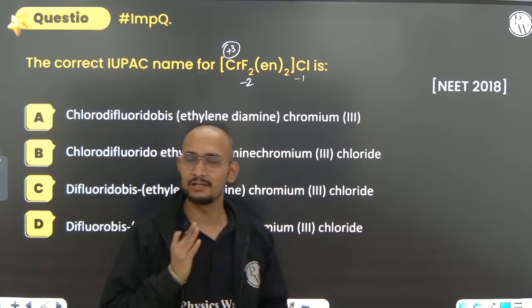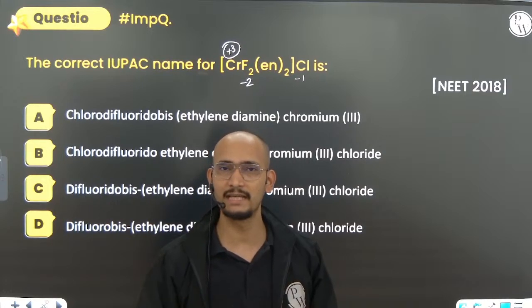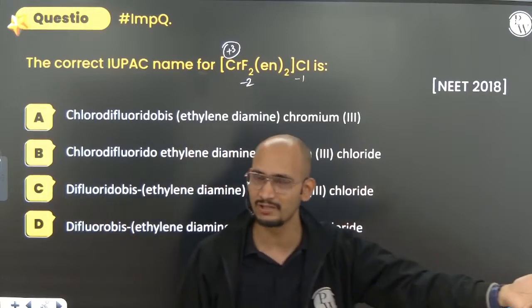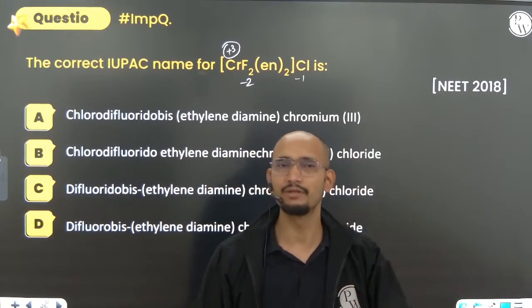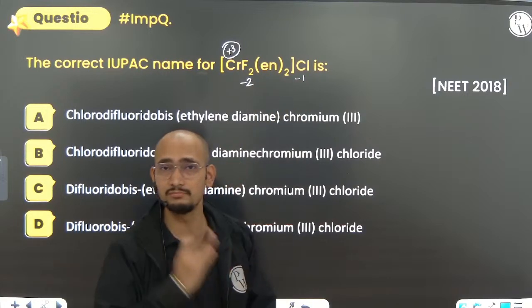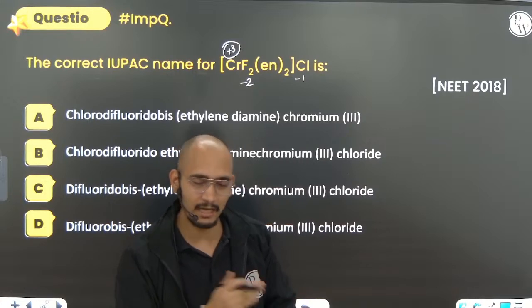Sometimes, before the 2005 IUPAC, the 2004 IUPAC convention used to say that whatever polydentate ligands are there, you have to use them later. So that's why it is used later. Though its name should be first, the new rule says it only has to go with alphabetical order.